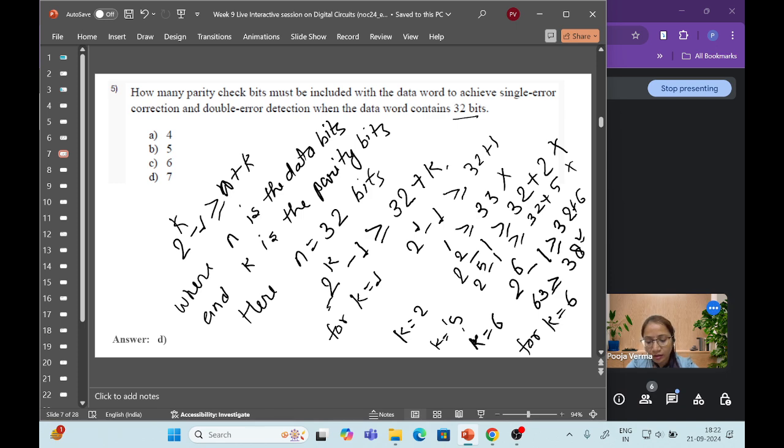single bit error correction and single bit error detection.